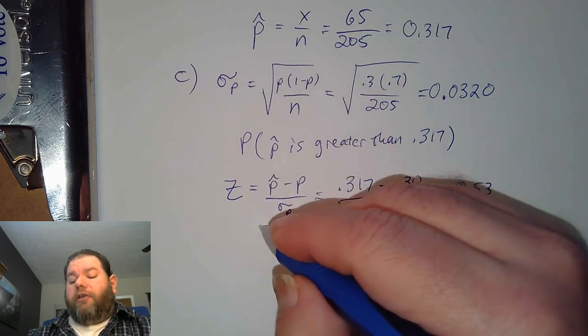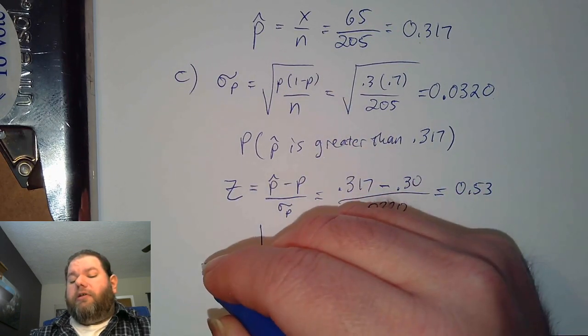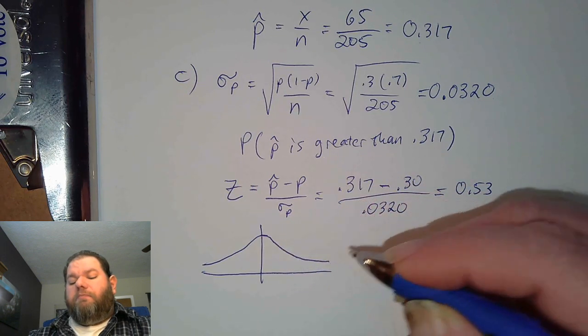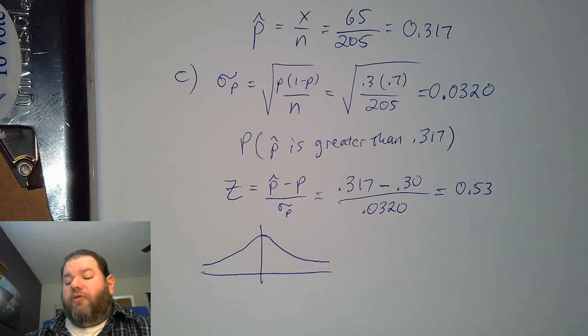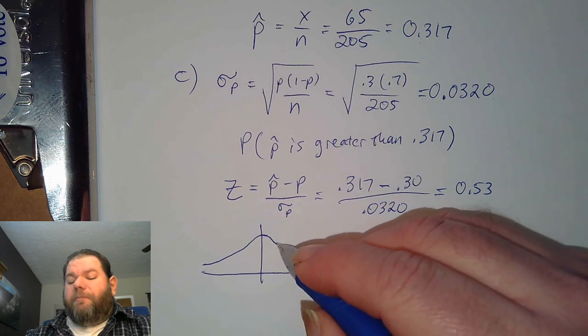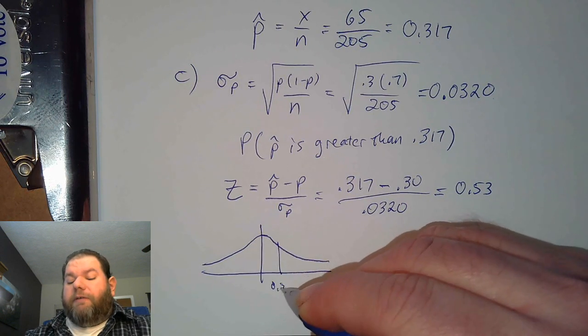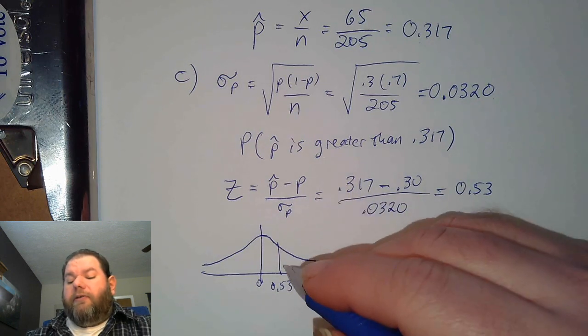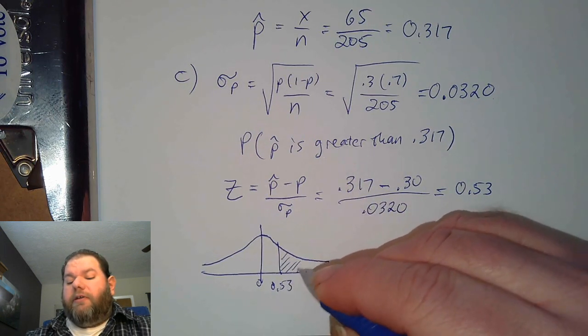And to calculate the probability, now we're back to, this is not a great normal curve. 0.53, and we said greater than that, so it's actually the area to the right.